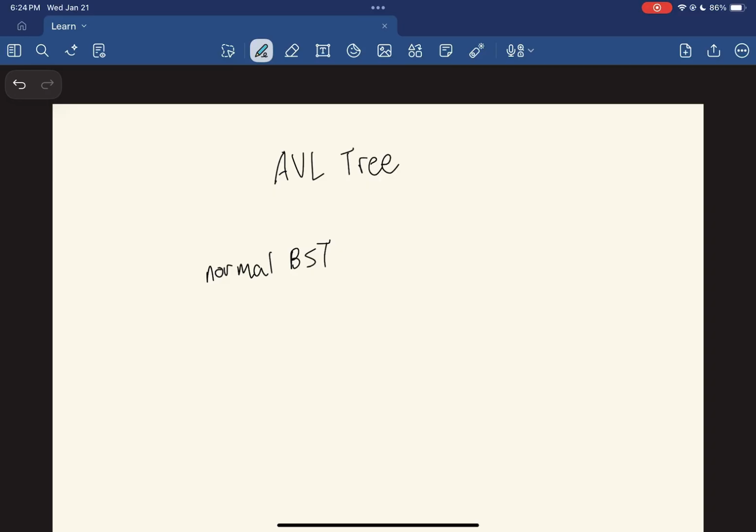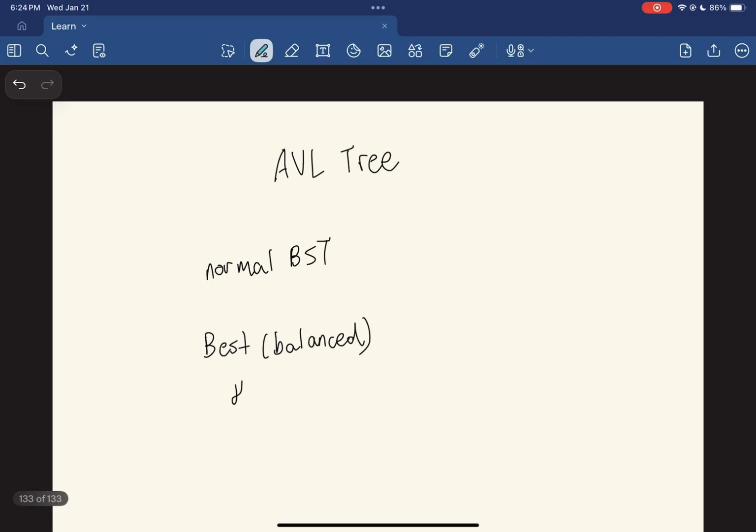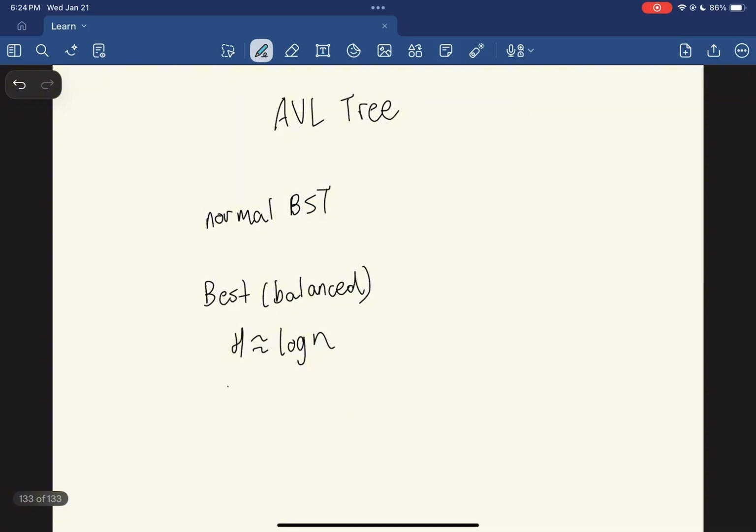In the best case scenario, the tree is basically balanced, correct? So when that happens, the height, or h, would be around log of n. And when you do search, insert, or delete, they're also basically big O of log of n. But that's the best case scenario, and that's for a balanced tree.